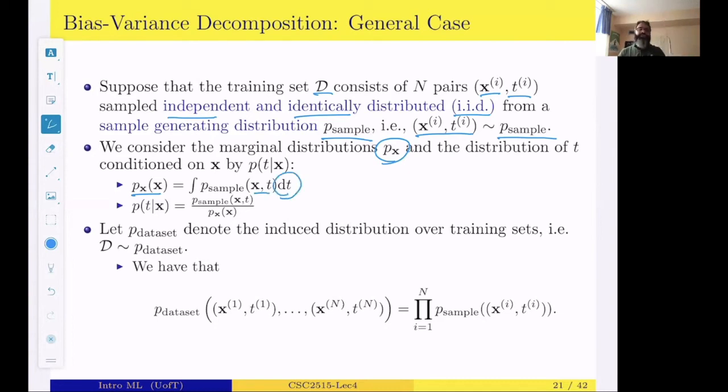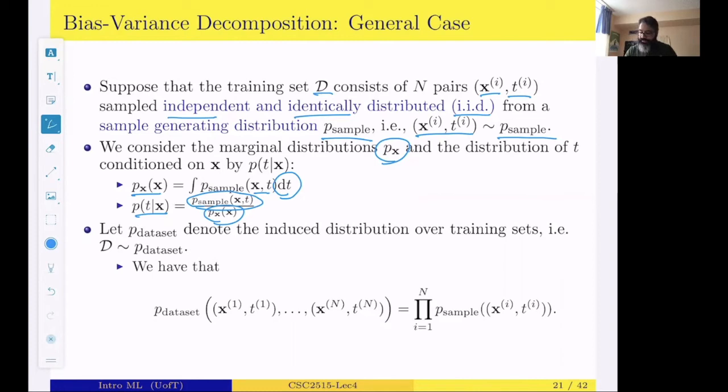So we take the integral over T. The other one is the conditional distribution of T, conditioned on X, which is just the joint probability distribution divided by P of X. This exact formula you know from a stats course. We are not going to use it, but I just wanted to define the notations, P of X and P of T conditioned on X.